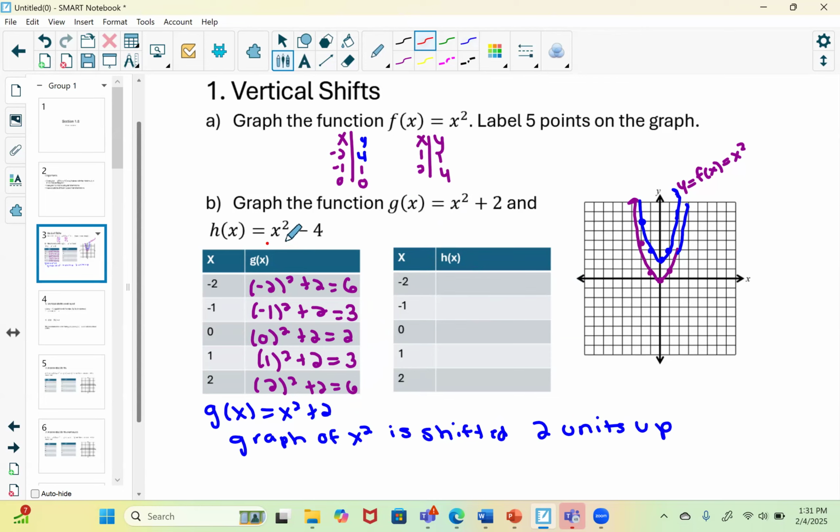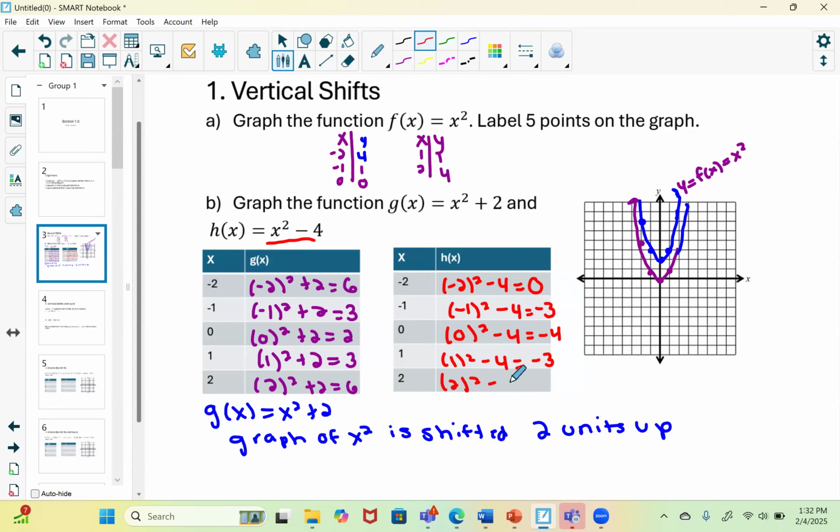What happens if we do h of x, where we do x squared minus 4? So again, we're going to plug each of these values into this function. And again, you could pause and check your answer. Negative 2 squared is 4, 4 minus 4 is 0. Negative 1 squared is 1, 1 minus 4 is negative 3. 0 squared minus 4 is negative 4. 1 squared minus 4 is negative 3.